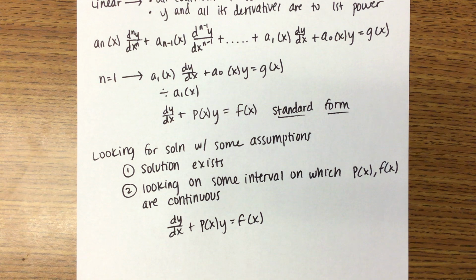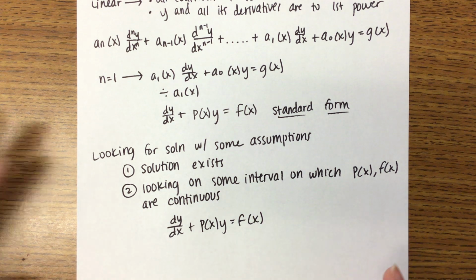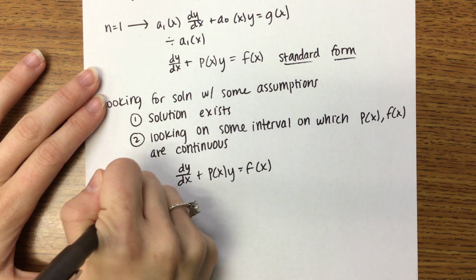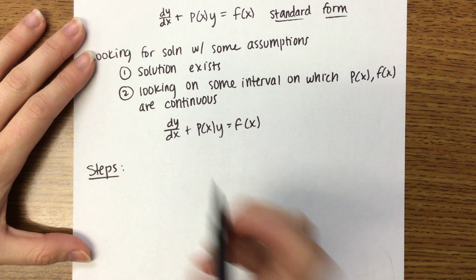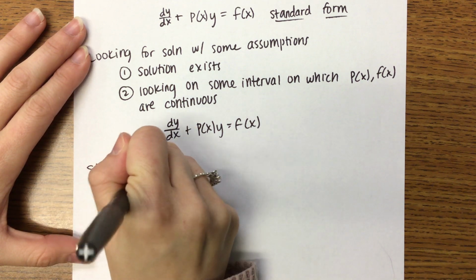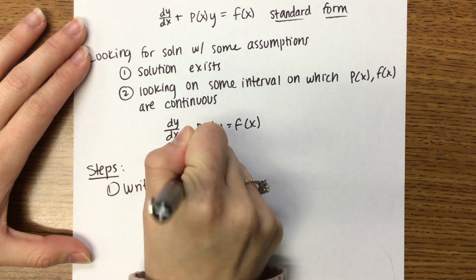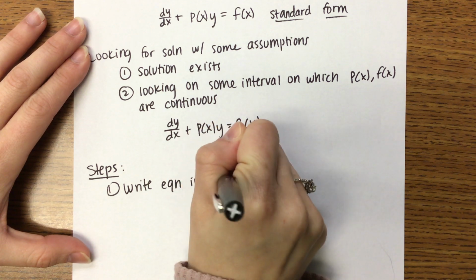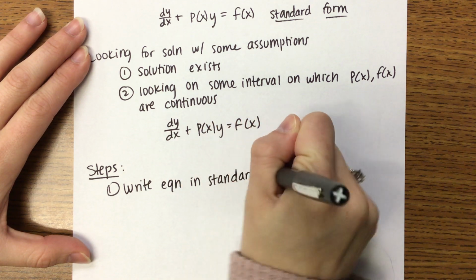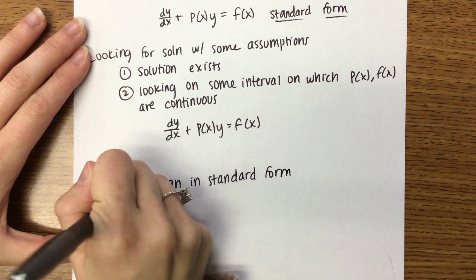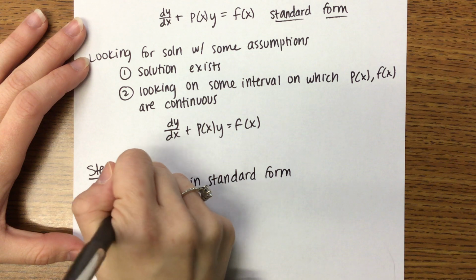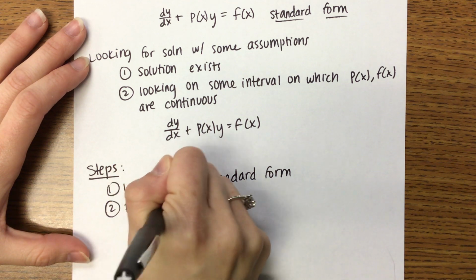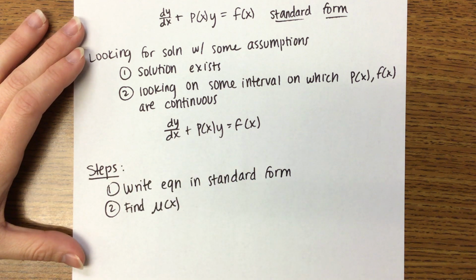I'm going to write us out a list of steps for how to solve this, and then we'll look at some examples. First step, you're going to write your equation in standard form. Second step, you are going to find mu of x.